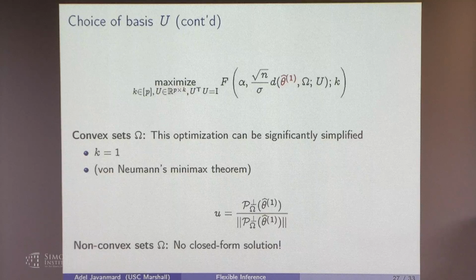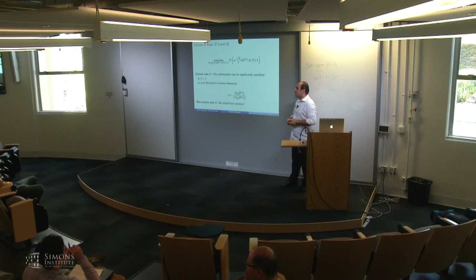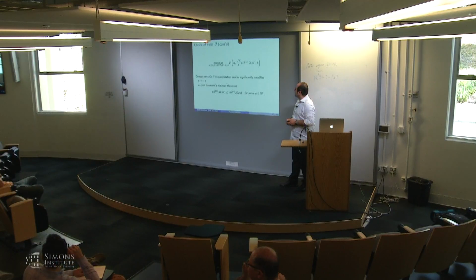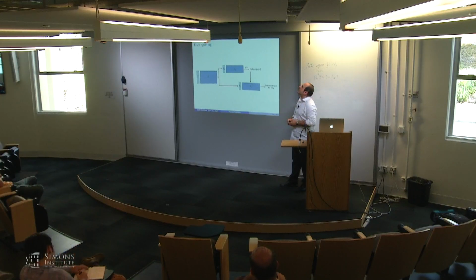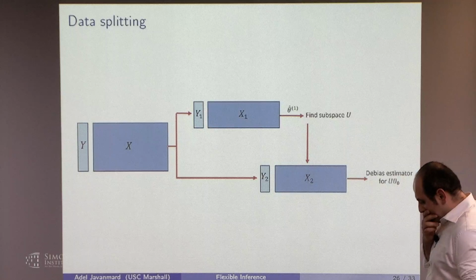Any questions? Yes? So when you define type 1 error or the false positive rate, you only consider those sparse thetas in this omega. But then when you talk about power, why don't you just restrict yourself to that set instead of the whole omega? Because in your type 1 error, you have an extra restriction.